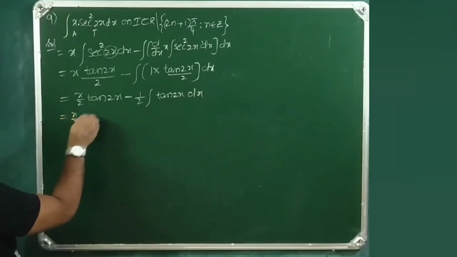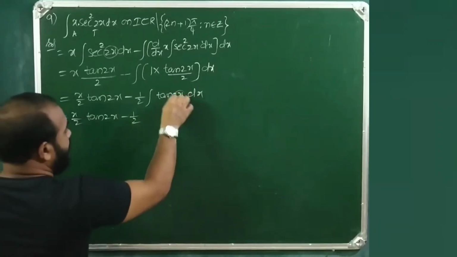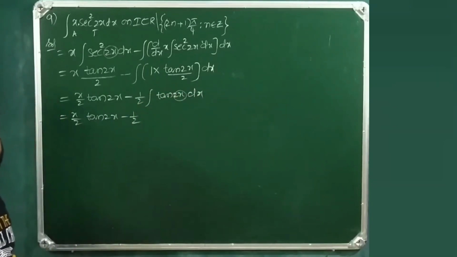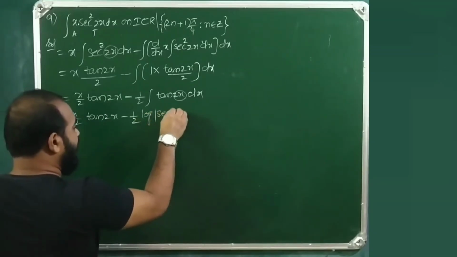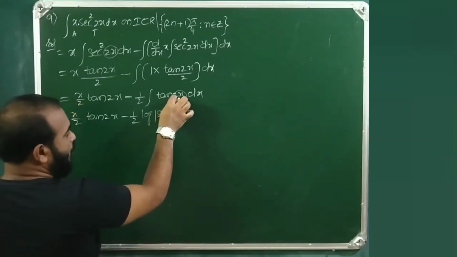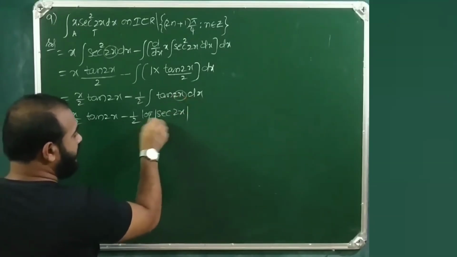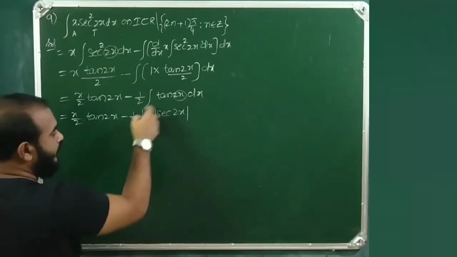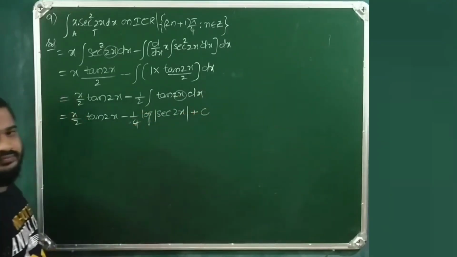Integral tan x dx is log mod secant x, so this is log mod secant 2x divided by 2. So 2 into 2 is 4, plus constant of integration c.